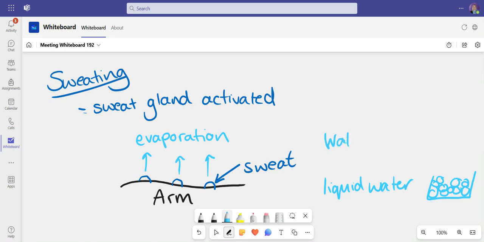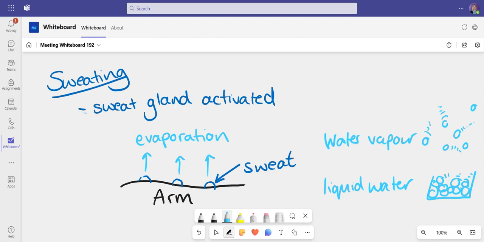Whereas water vapor is a gas, so the molecules are whizzing around all over the place. These molecules here have a little bit of energy, enough to swap places, but these ones here have loads of energy. They're whizzing around. Okay, so somehow these liquid molecules on your arm in your sweat need to get more energy in order to turn into water vapor.